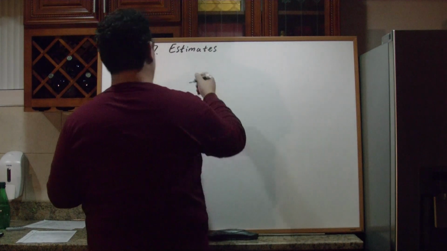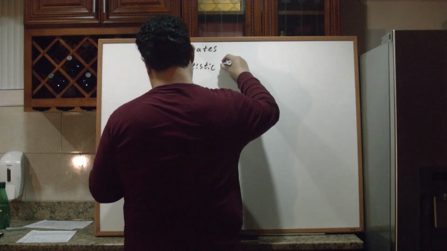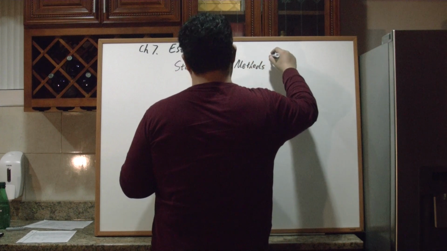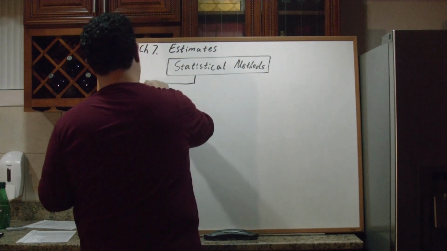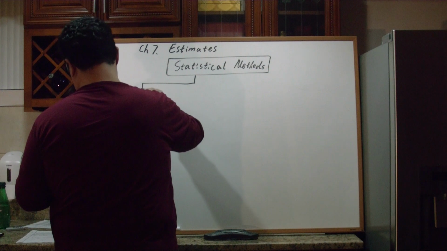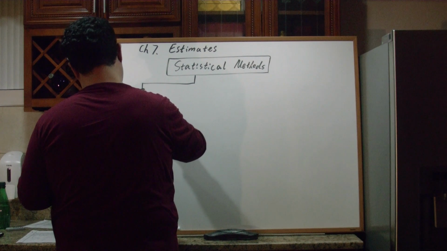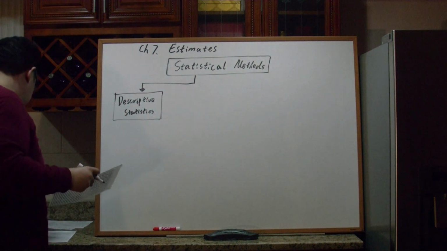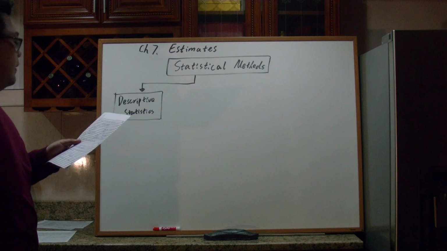And there are two parts, right? The descriptive statistics, where we basically have a sample, or population, but pretty much samples.